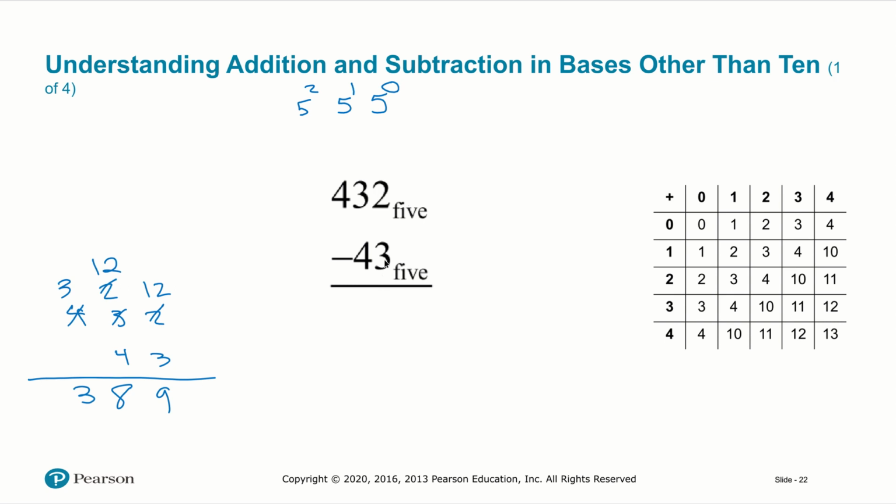So since I cannot take 3 away from 2, I'm going to borrow 1 from this 3 here. So this becomes 2 5s now, and I'm going to lend 1 5 to this 2. Now I have 5 units, right? So 5 units, 1 5 or 5 units.